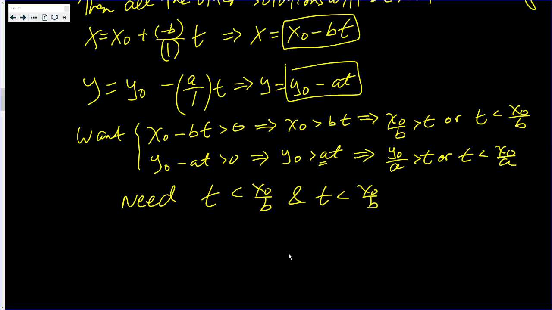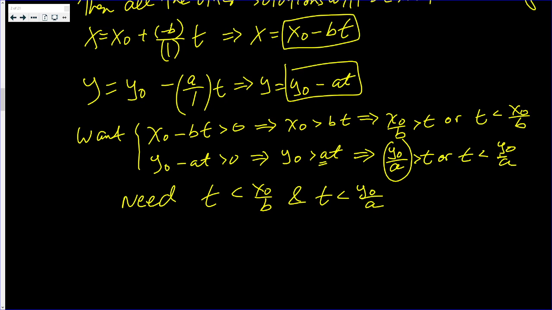Of course, I must have made a couple of mistakes there. This should be y0, just like it was right here, and this should be y0 over a.